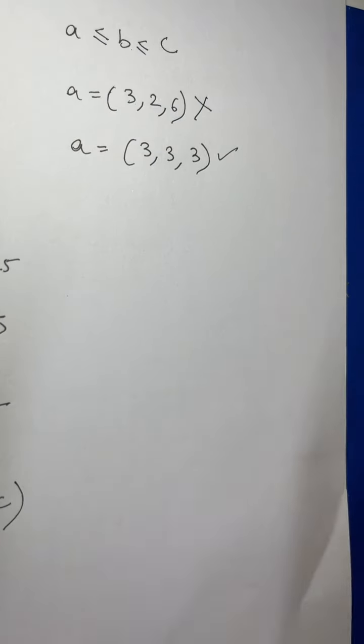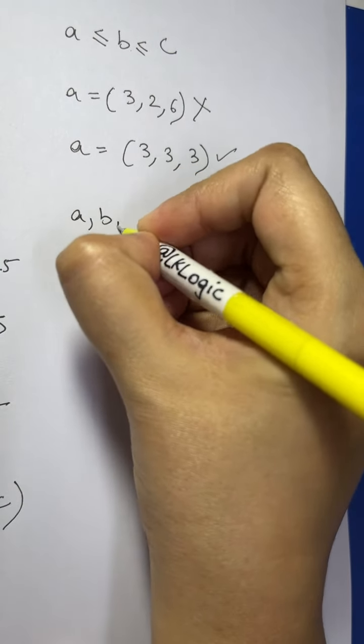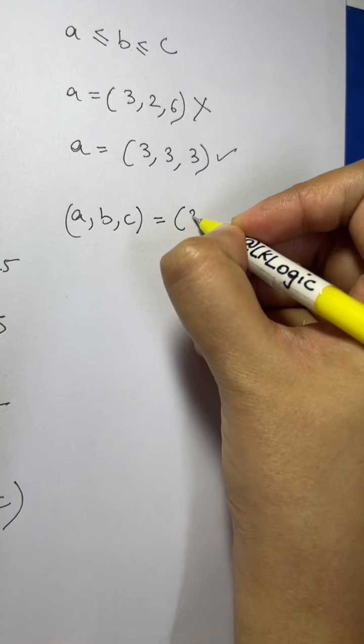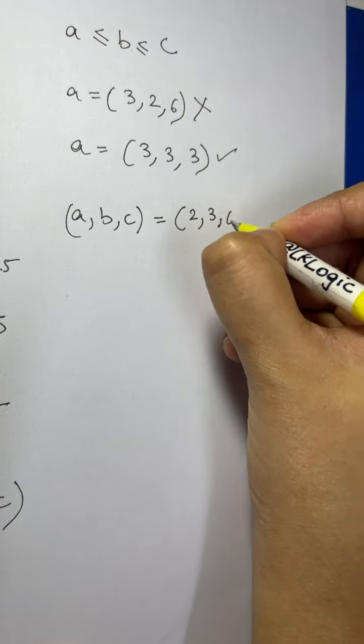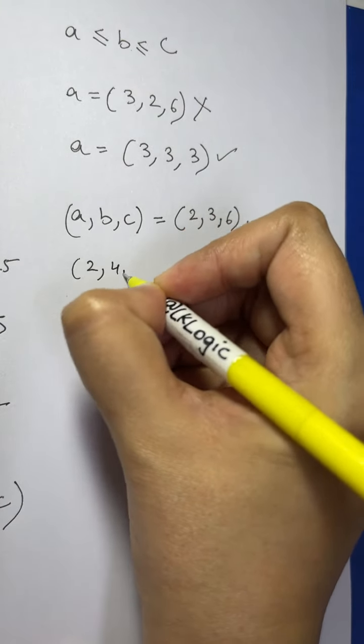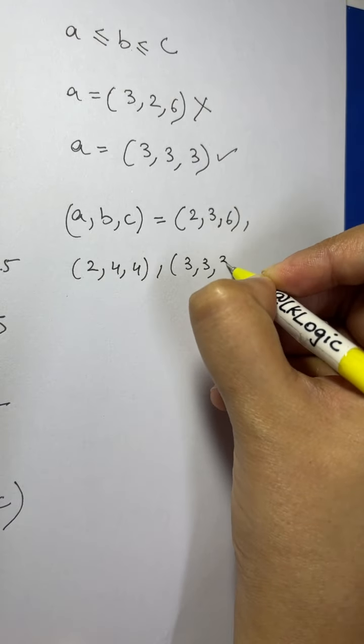What are the solutions for A, B, C we got? Let's write it down. We have A, B, C is equal to 2, 3, 6. Then 2, 4, 4. Then 3, 3, 3.